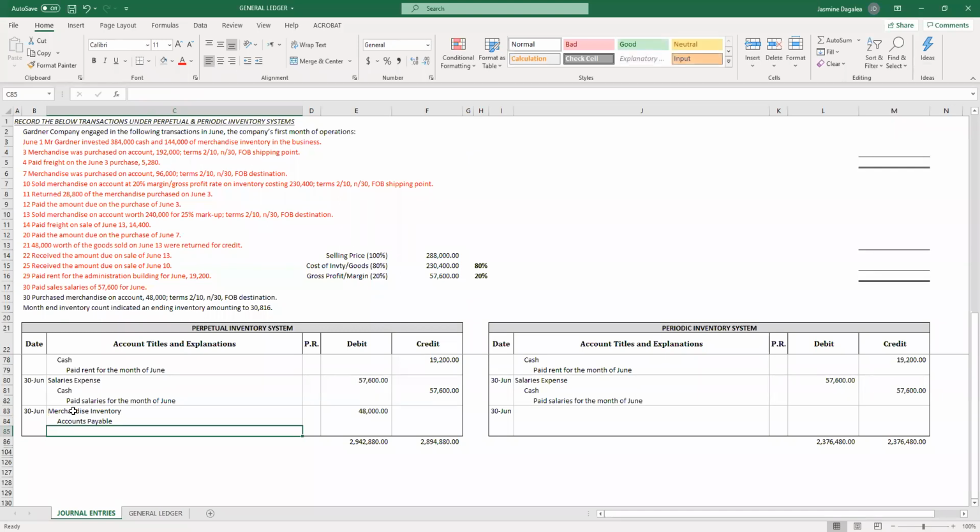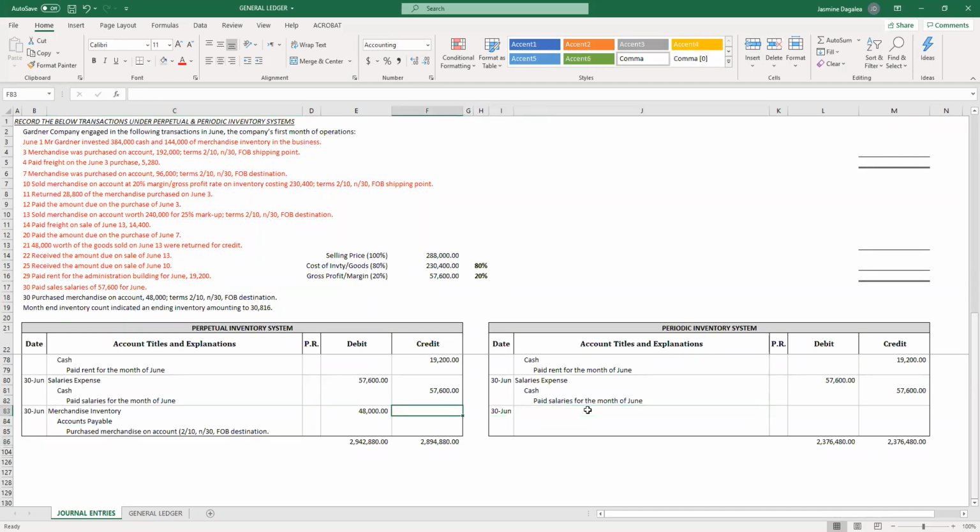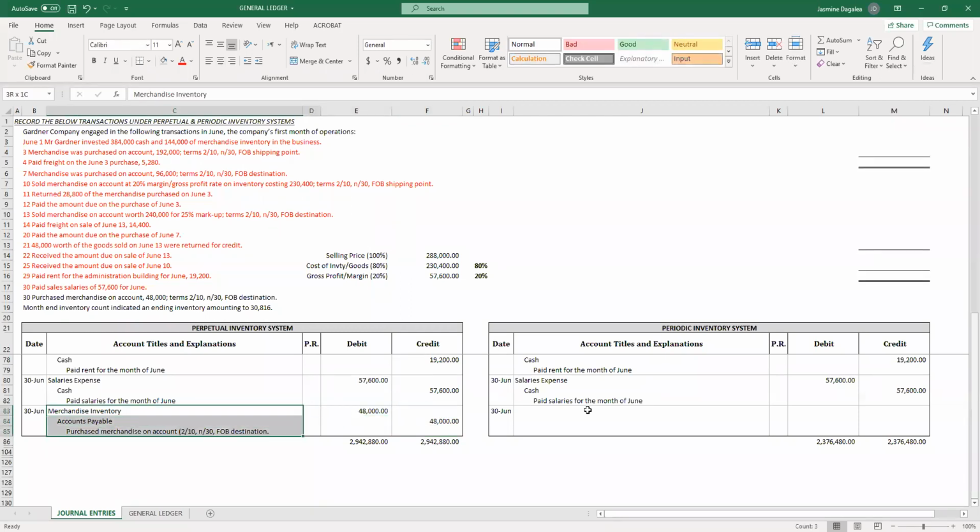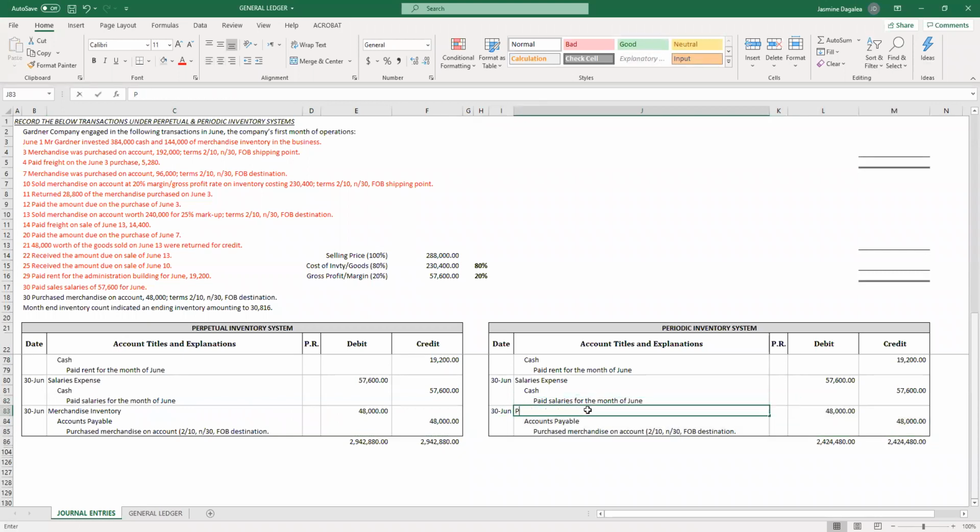So, under periodic, what is your entry? Same lang, except debit purchases.